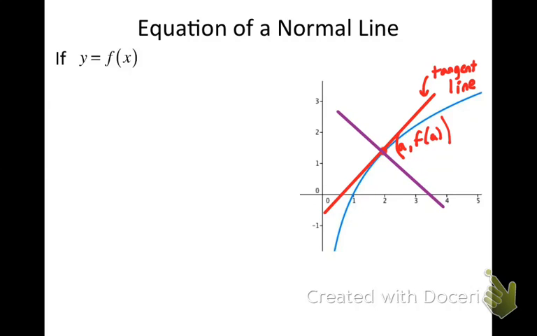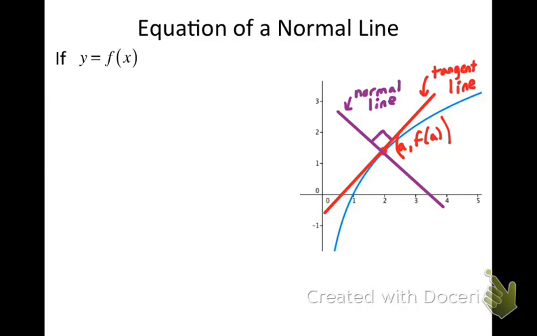As I said, the normal line is simply perpendicular to a tangent line at a given point on a curve. When we're trying to write the equation of the normal line, it's going to work the same way as it did with the tangent line. The only difference is that the slope of the normal line is different than the slope of the tangent line. Since those lines are perpendicular to one another, you ought to know the exact relationship between their slopes.